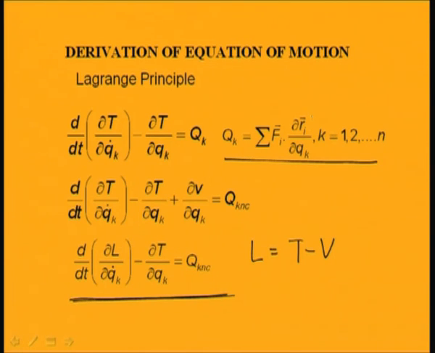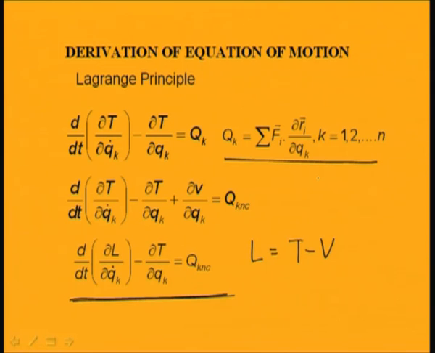In this equation, Fi is the force acting at the ith station and Ri is the position vector of the ith point on this system. Small qk is the generalized coordinate you are taking.